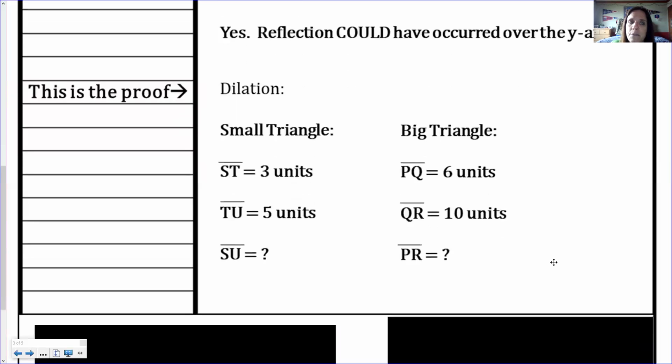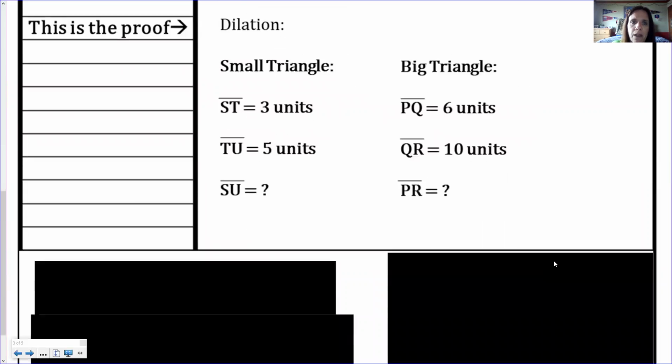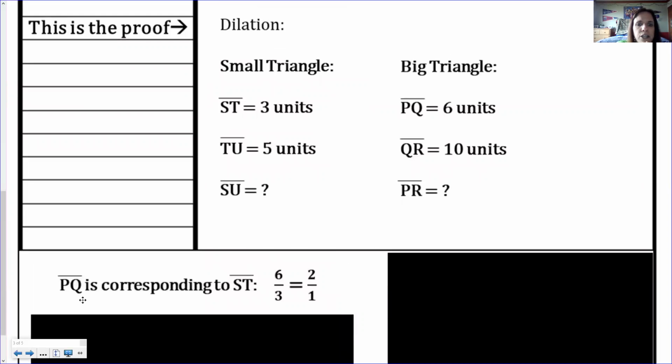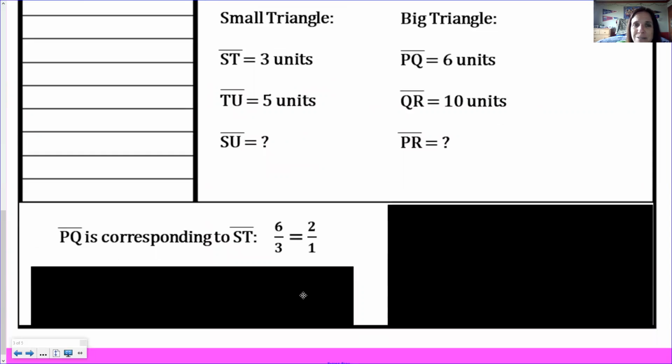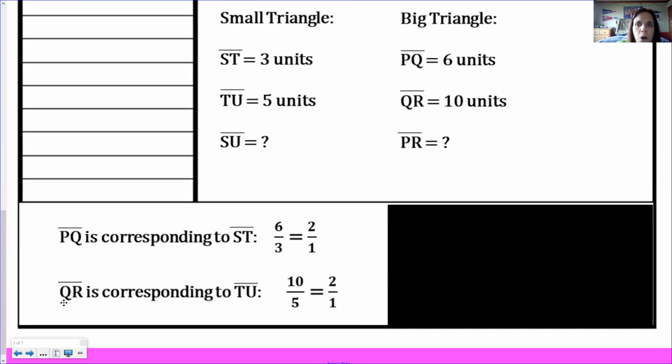So now let's set up our ratios, okay? PQ corresponds to ST. They're both the vertical leg. PQ is 6, ST is 3. 6 over 3 simplifies to 2 over 1. So the ratio is 2 over 1. For the horizontal legs, QR corresponds to TU. 10 over 5 also simplifies to 2 over 1.